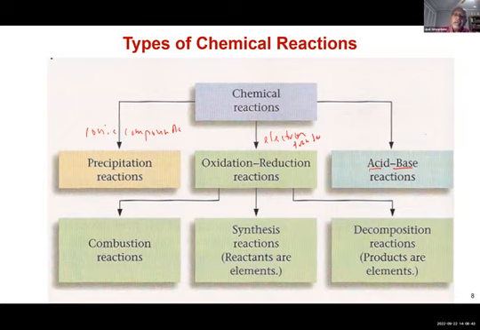Now, if you look at the oxidation, combustion reactions are when the element oxygen combines with another compound. That's an oxidation reaction. Formation of compounds, synthesis reactions, are oxidation reactions. Decomposition reactions too. So there are many places where we see oxidation reactions, called redox reactions. Precipitation is mainly between salts, acid-base is between acid and bases.